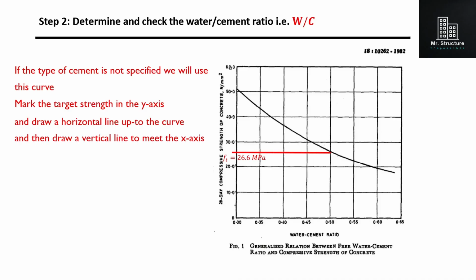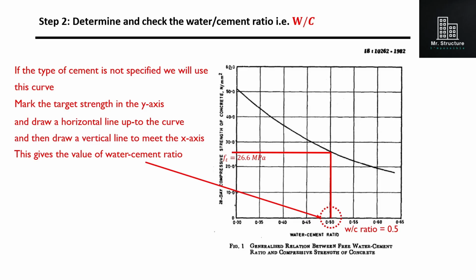Then draw a vertical line to meet the x-axis. This gives the value of the water-cement ratio. Therefore, the water-cement ratio is equal to 0.5.